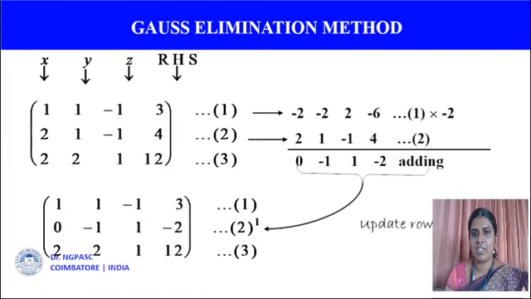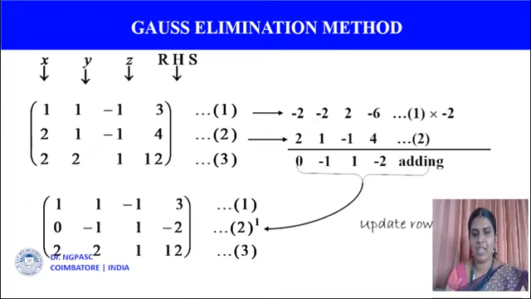So to make the first element in your second row 0, you multiply the first row with -2 and add it to your second row so that you get the resultant as 0, -1, 1 and -2. Now updated there, you get 0, -1, 1 and -2.